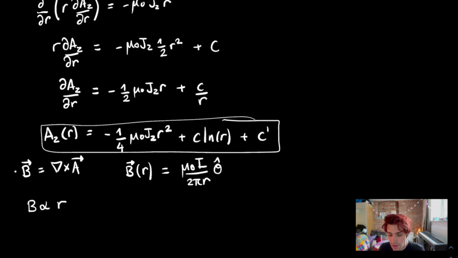Taking the curl will just eliminate that constant entirely. So that's why this expression doesn't look overly satisfying, and doesn't immediately look like the expression for the magnetic field outside of the wire. It's because it's got both the inside case and the outside case. Physically, we know that inside the wire it's one functional dependence, but outside of the wire it behaves entirely differently, depending on the radial coordinate.